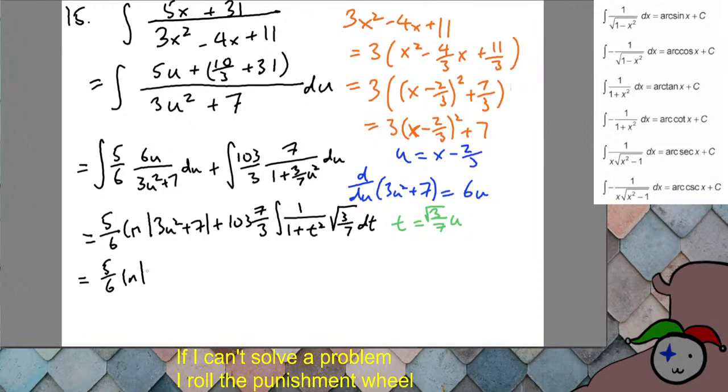So 3x squared minus 4x plus 11 plus 103 square root of 7 over 3.